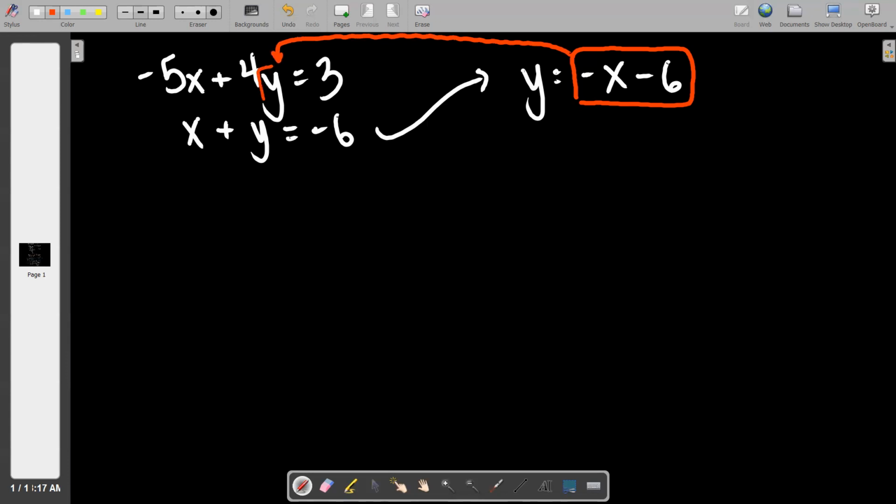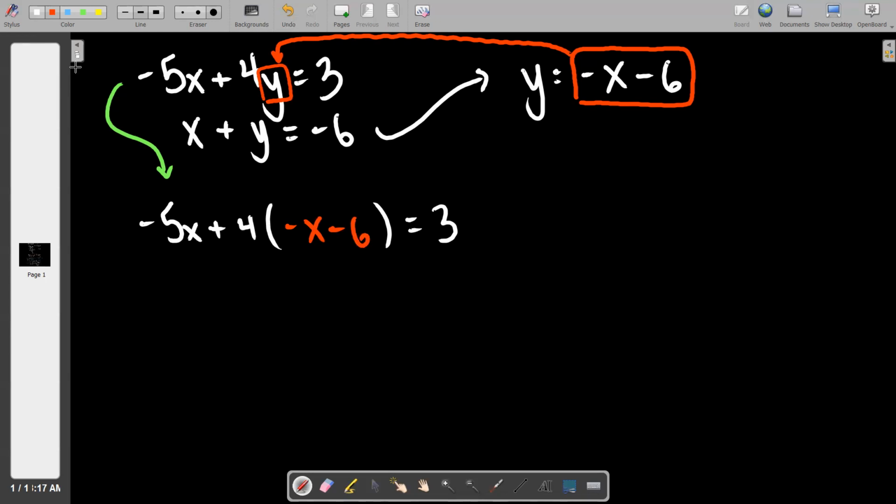And so a little box there to indicate where we're going with this. So my new top equation will say -5x plus 4 awkward void equals 3. And what will go into the awkward void? Good. And then from here, it's just, let's hope our basics are intact. So we distribute, we get -5x, and then what?